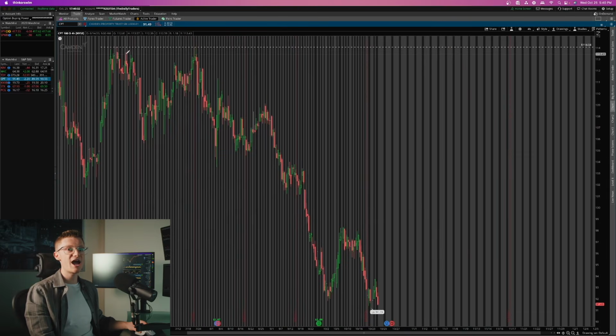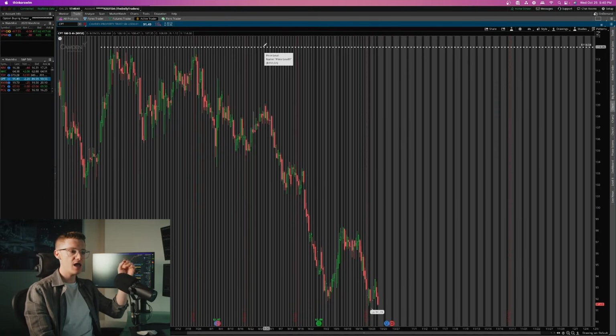So that just means we had 2 tests of this resistance level, and each time we test either a support or a resistance, it is going to further validate how strong that area is going to be or is going to act. So when it comes to my trading, I'm setting my trade plan based around a support or a resistance area.